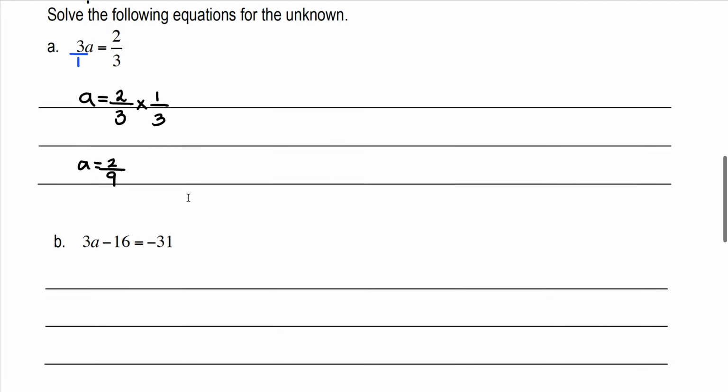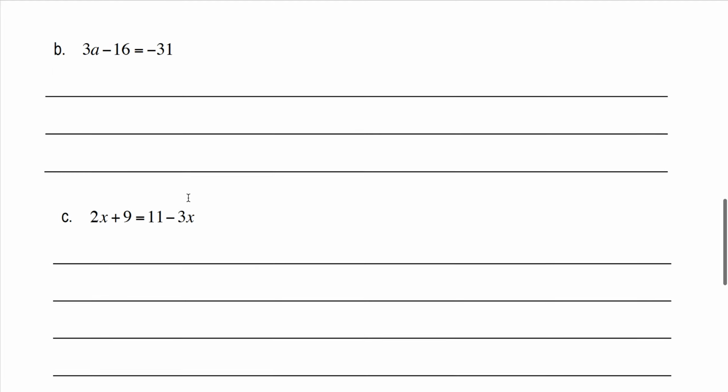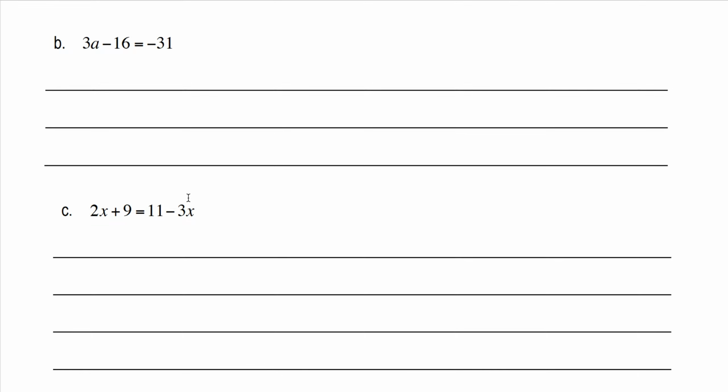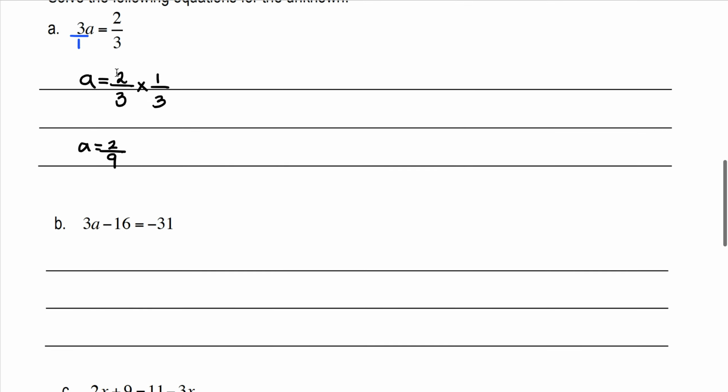Okay, wonderful. Now the next one. I'm just thinking that some of you might be thinking, what happened here? If you don't like it like this, if you do 2/3 the other way, 2/3 divided by 3. What is 2/3 divided by 3? 2/3 times 1/3.